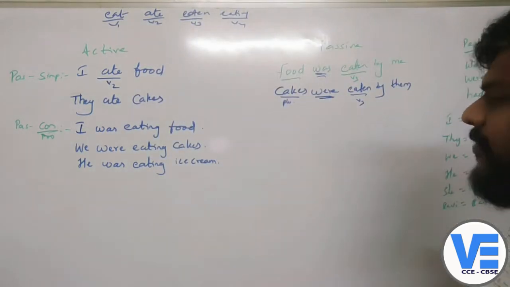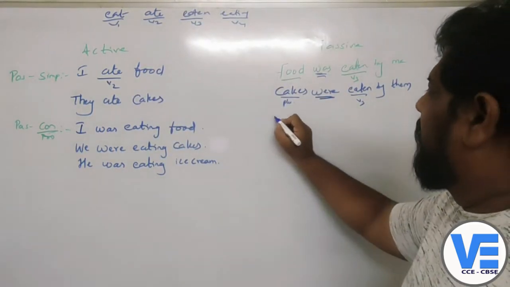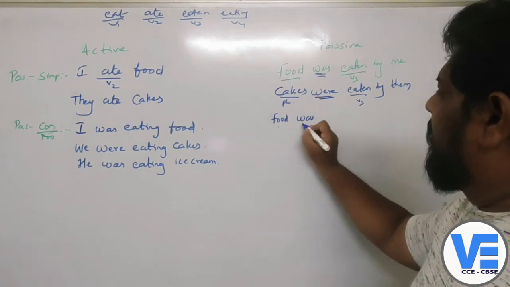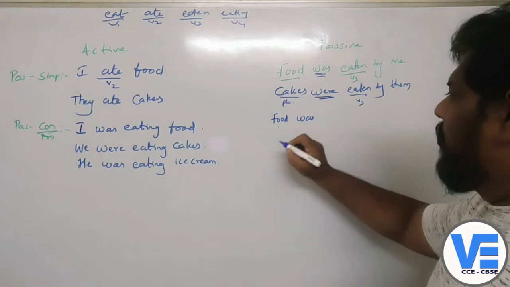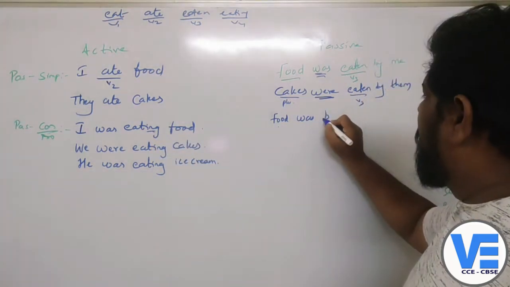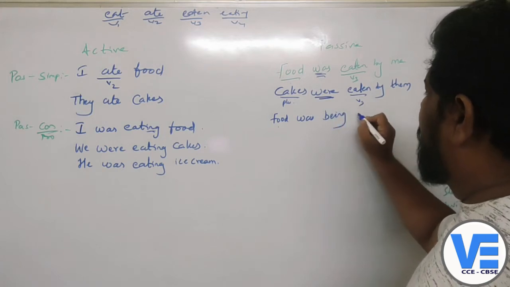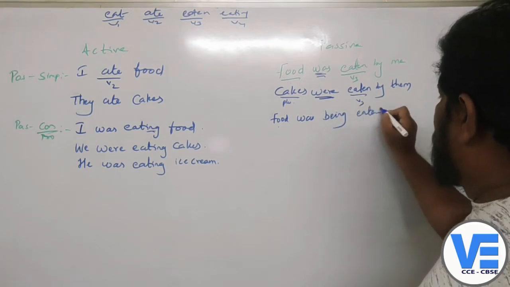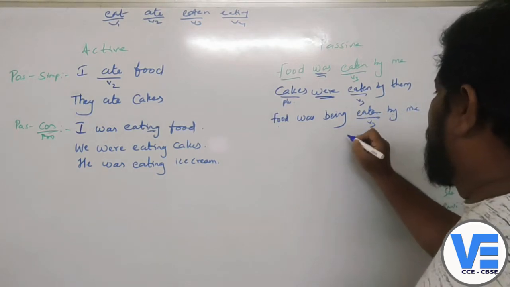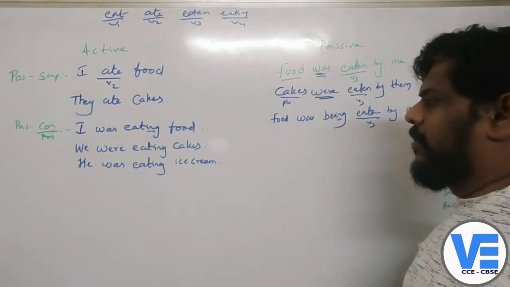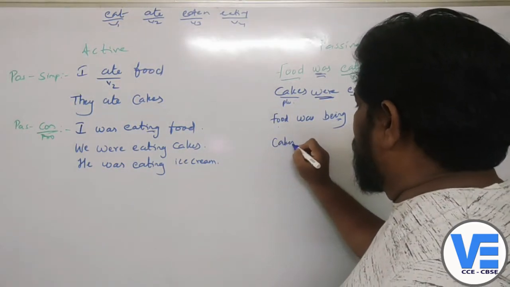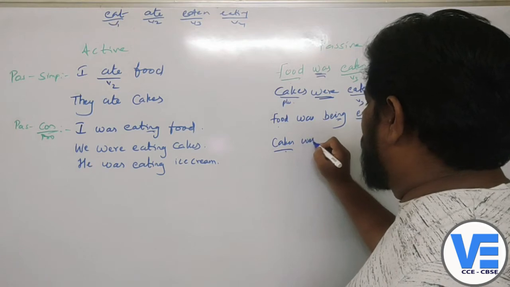Okay, I was eating food. When it is converted, you write food was, singular was. Because we have taken the ing form here, it will be being. Food was being eaten by me. Eaten is the V3 here. We were eating cakes. Cakes is a plural word, so we take were.